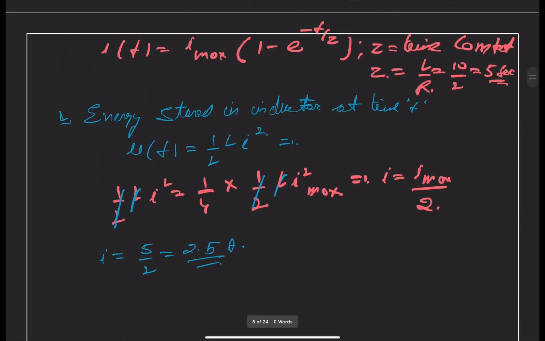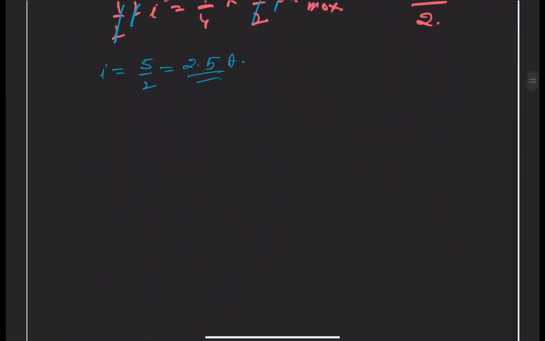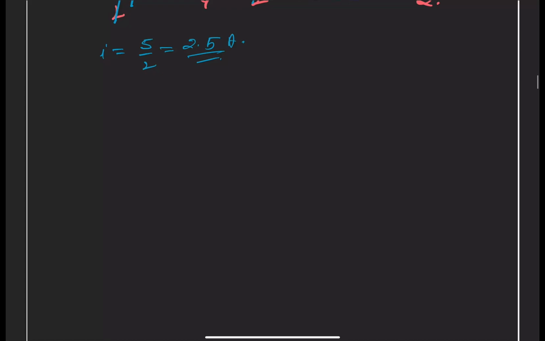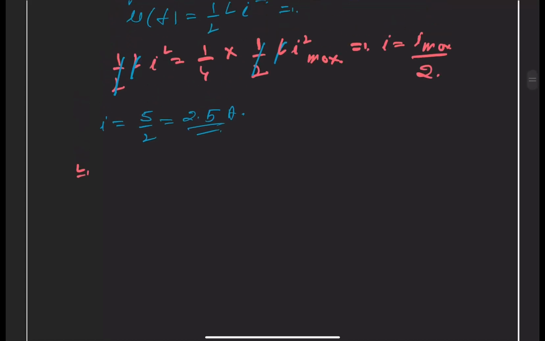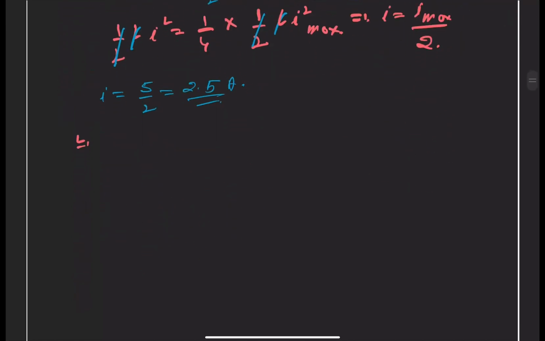So we already know the value of the current at any time t, and we know the maximum value. We put it in this equation and we get the time. Let us call this equation number 1. From equation 1, we have 2.5 is equal to 5 into (1 minus e to the power minus t upon tau).